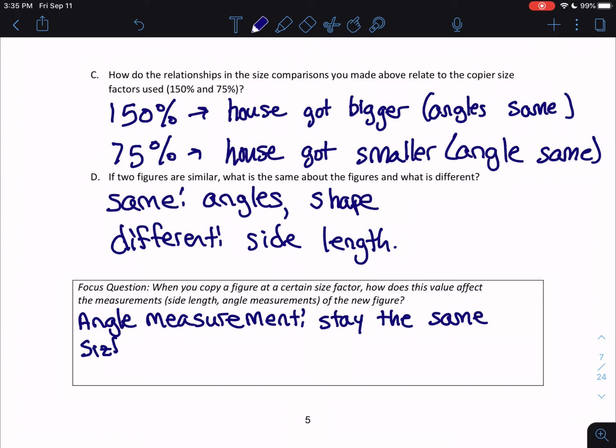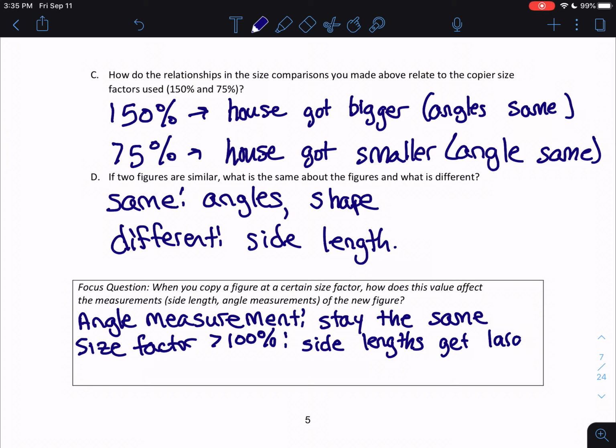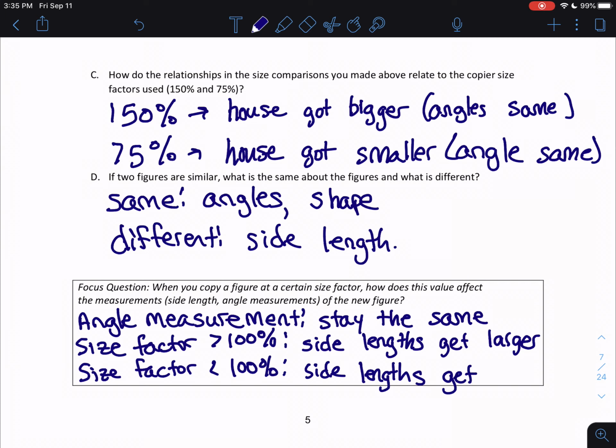And then if we noticed, if our size factor is greater than 100%, side lengths grow, or side lengths get larger. And if our size factor is less than 100%, the side lengths get what? Yeah, smaller.